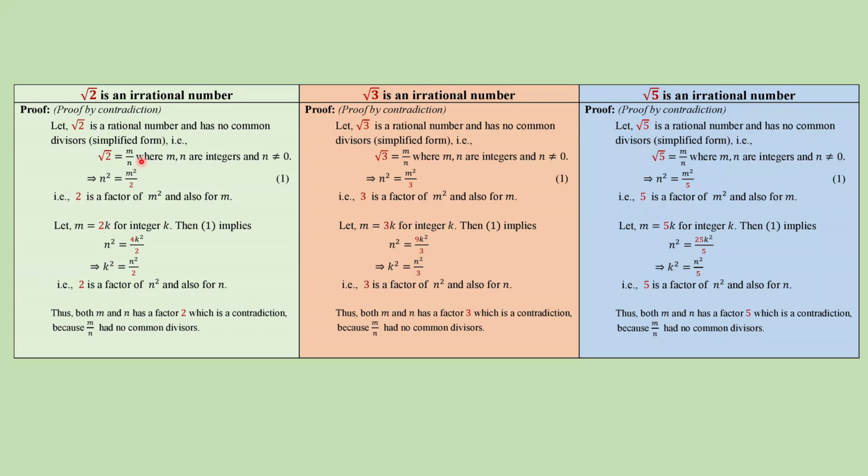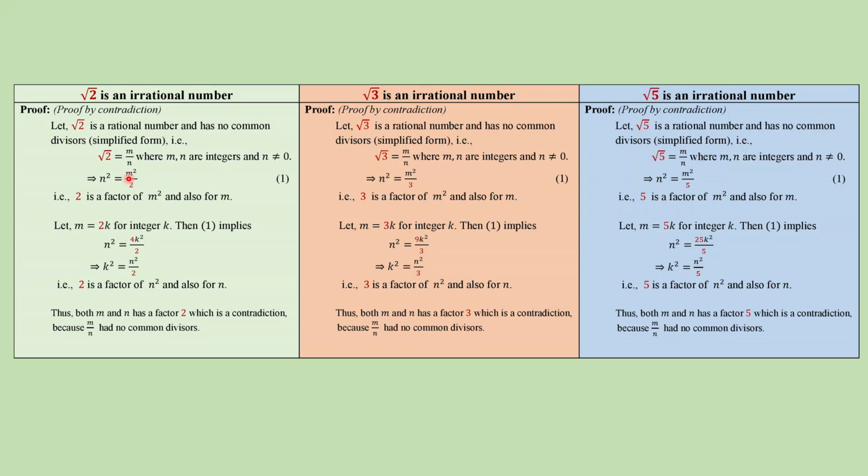Now since m is an integer, m square is also an integer, so we can divide m square by 2. So this means 2 is a factor of m square. Now if 2 is a factor of m square, then 2 would also be a factor of m. You can think, suppose m square is 16.